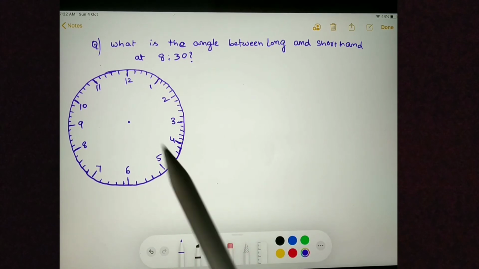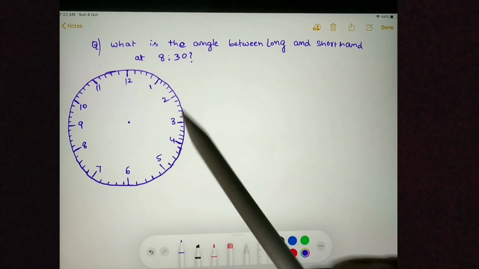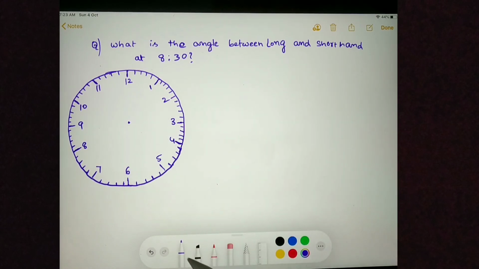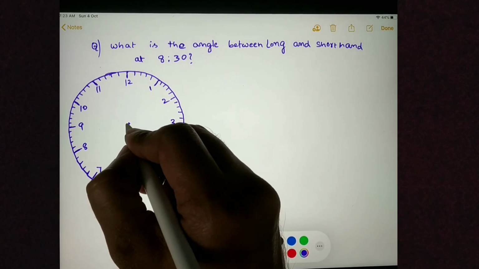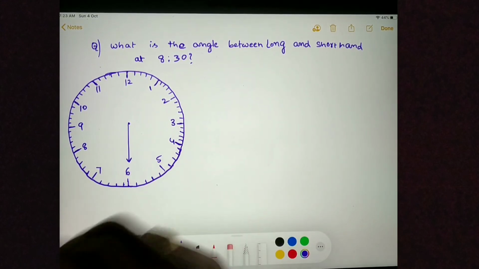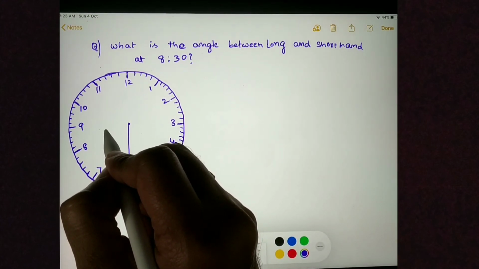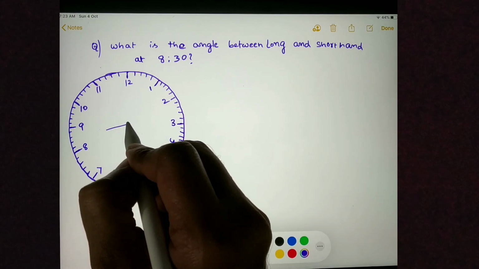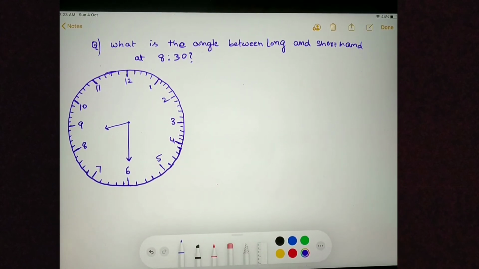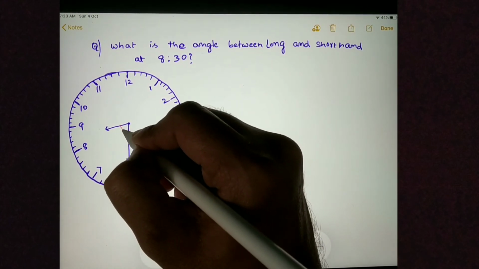Next question. What is the angle between long and short hand at 8:30? At 8:30, the long hand will be exactly at 6. The short hand will be somewhere between 8 and 9. And we need to find the angle between these two.